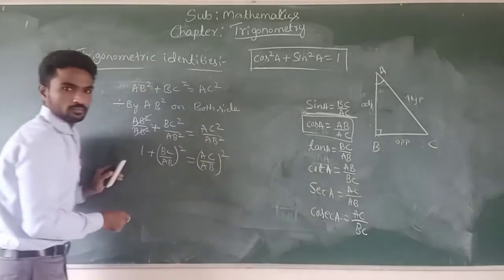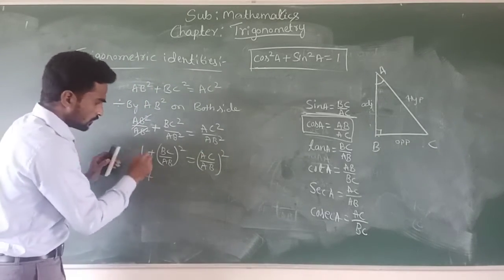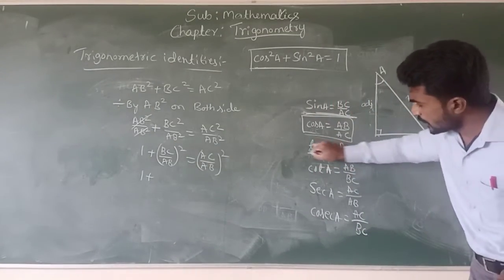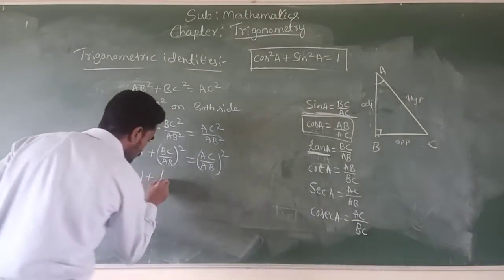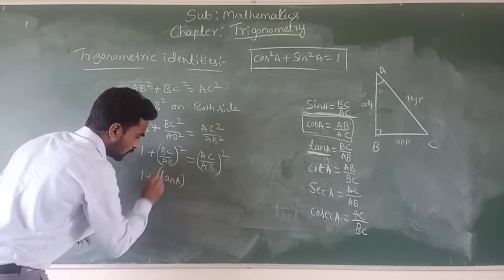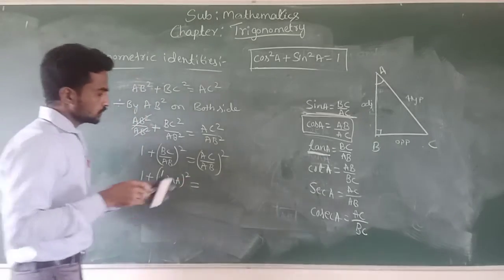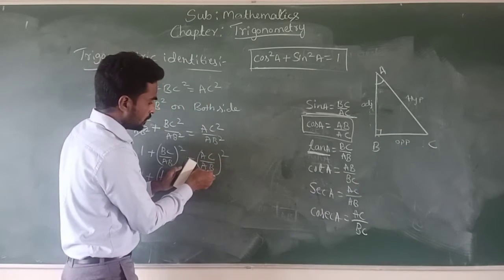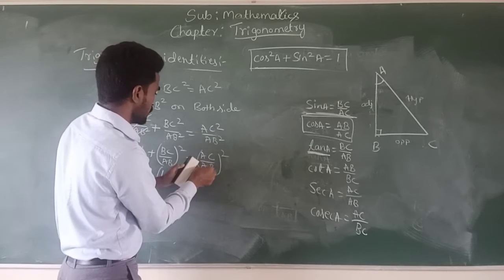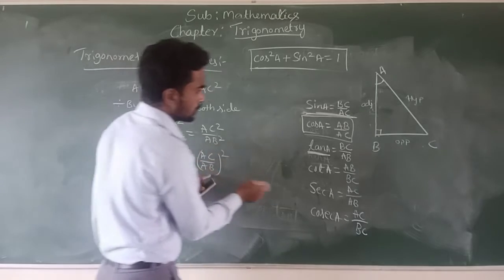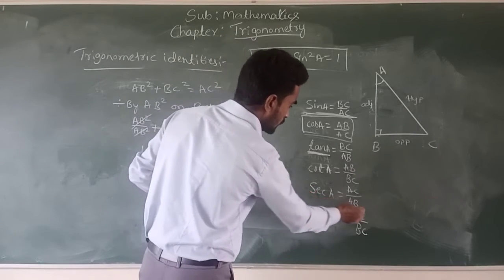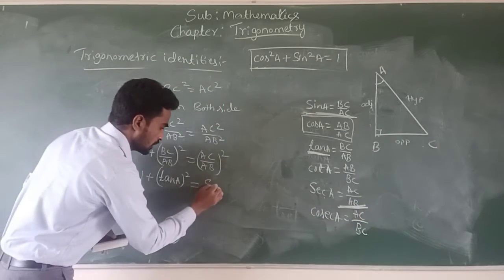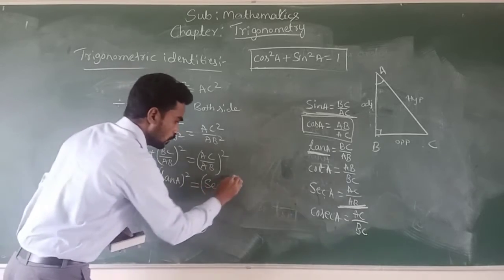Now observe this trigonometric ratio. BC divided by AB can be written as tan A. 1 plus tan A whole square, that is equal to, next one, AC divided by AB. AC divided by AB can be denoted as secant A, so that is equal to secant A whole square.